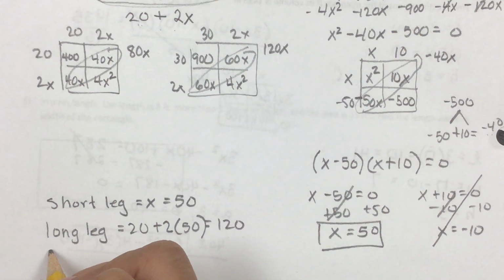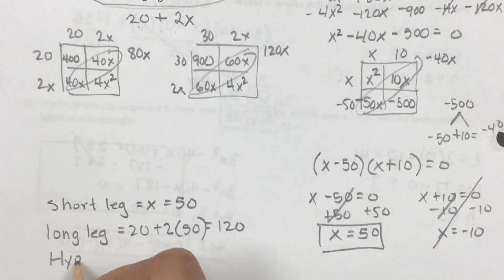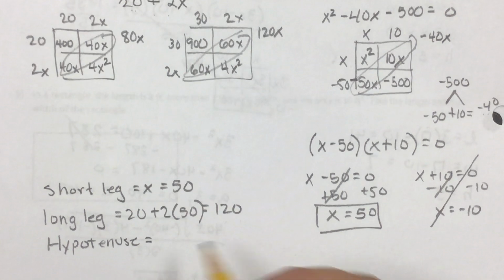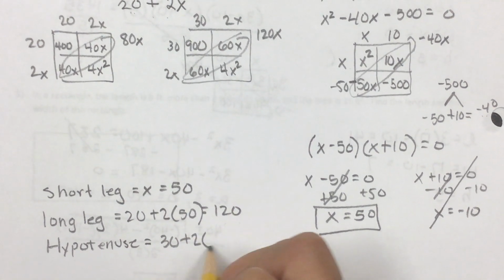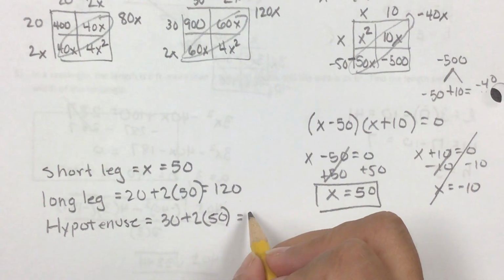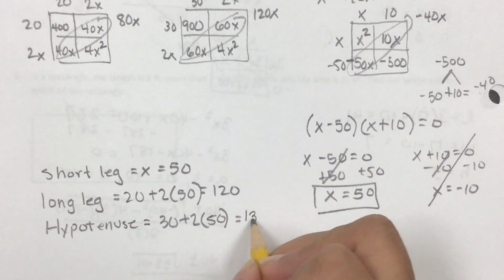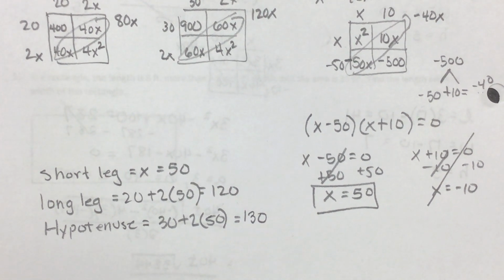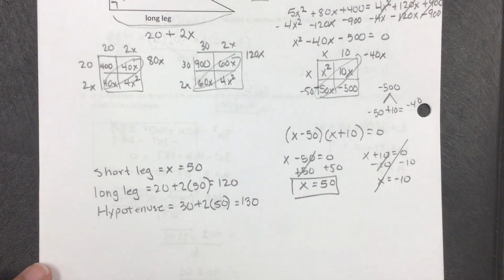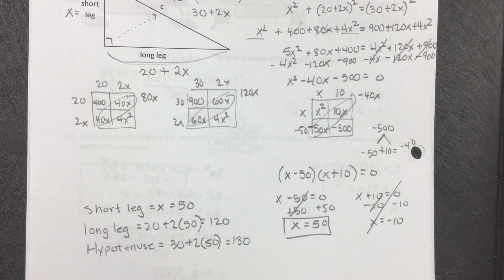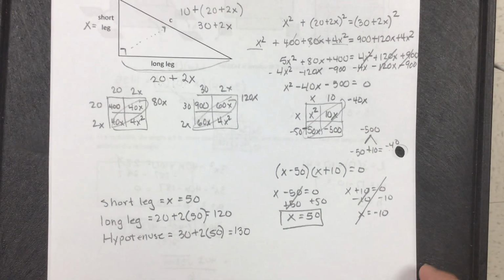And then the hypotenuse is 30 plus 2 times 50, and that equals 130. Do you have any questions? Let me zoom out just a little bit, make sure you got all of it. Okay.